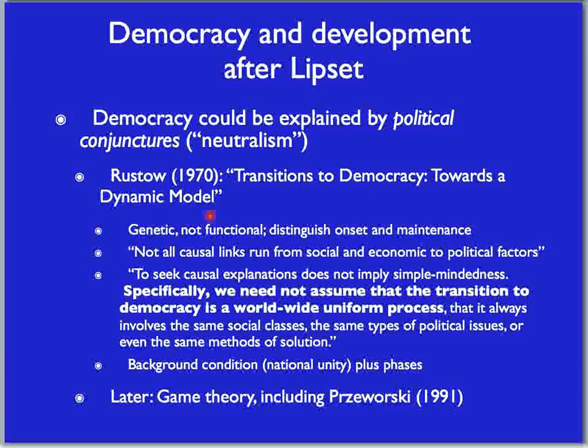He says you can't get a transition to democracy if there's not national unity, because the transition collapses into civil war, but if you have national unity, then you can get various phases of democratization. This approach that tries to look at the politics of the transition to democracy has been exceedingly influential, and later on in the history of comparative politics was formulated in game theoretic terms, and we'll read a little bit of that in the next week, something else by Jaworski.